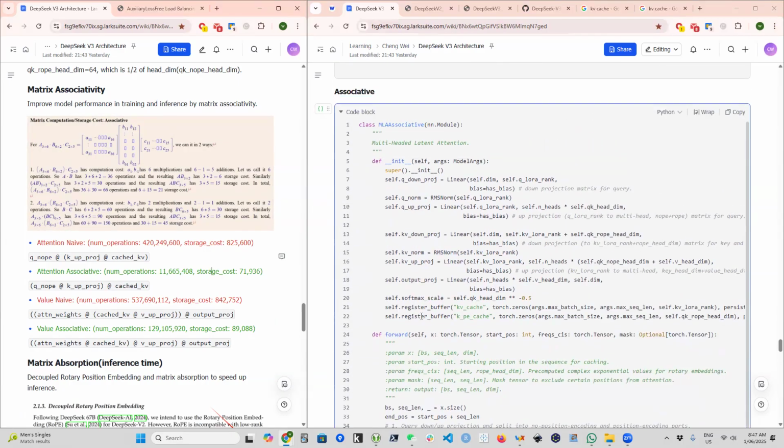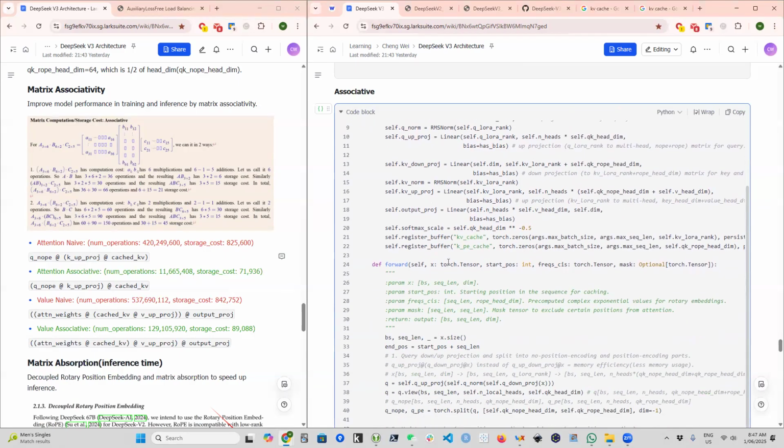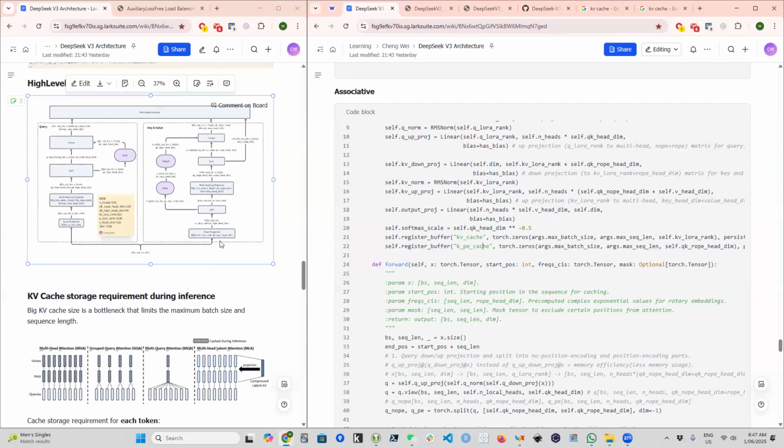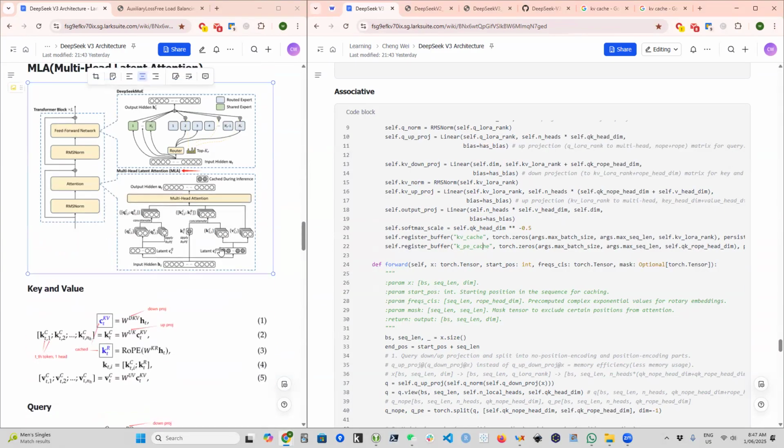So this part is exactly similar. Only difference is here. We have KV cache, and we have key position embedding cache. So the cache is mapping to exactly this diagram. So we only cache here and here.